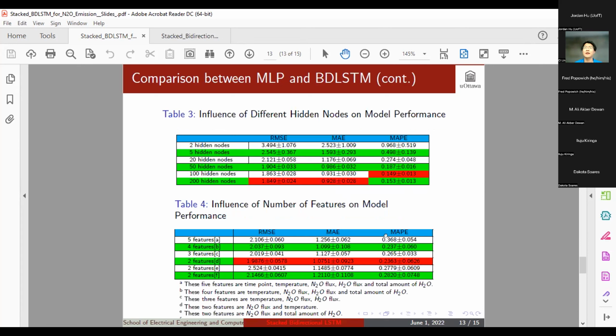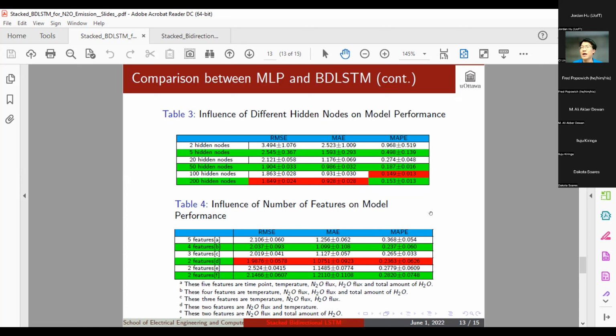And we also studied the influence of different hidden nodes on the model performance, because the number of hidden nodes represents the complexity of the model, right? In order to avoid overfitting of the neural network model, we adopt the early stop technique. Theoretically speaking, the more complex the model, the more accurate results we will get.